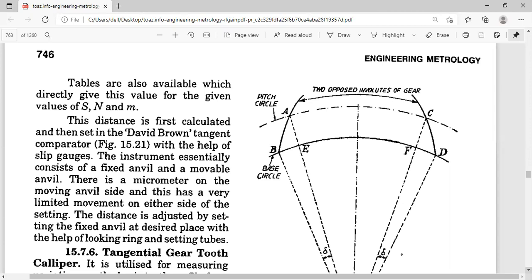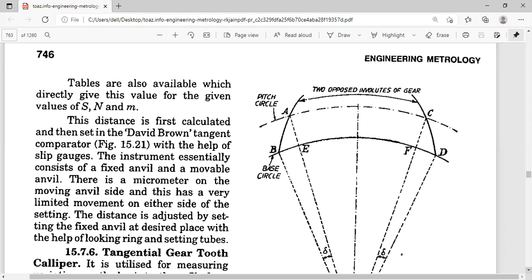And this instrument also will have a fixed anvil and a movable anvil, because it is a comparator or a micrometer, as I already told you. So there's a micrometer on the moving anvil side at the right side, and the fixed side will be on the left. There will be limited movement.